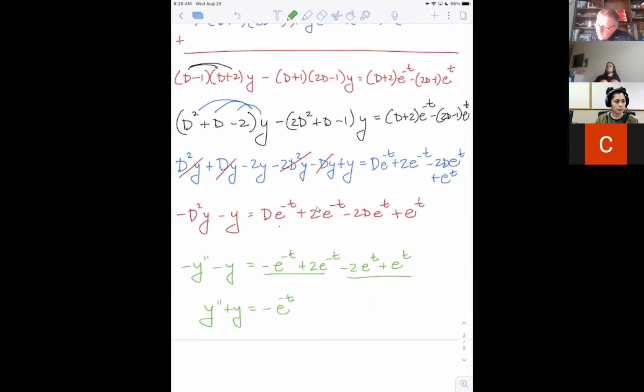And then this would be negative e to the t, but then I just multiplied both sides by negative 1. Like, look what happened. And so I put it in operator form to really make what used to be two x's, one x and then one x prime, to just be x. And in that way, I was able to eliminate something. And now I have a differential equation that I can solve.